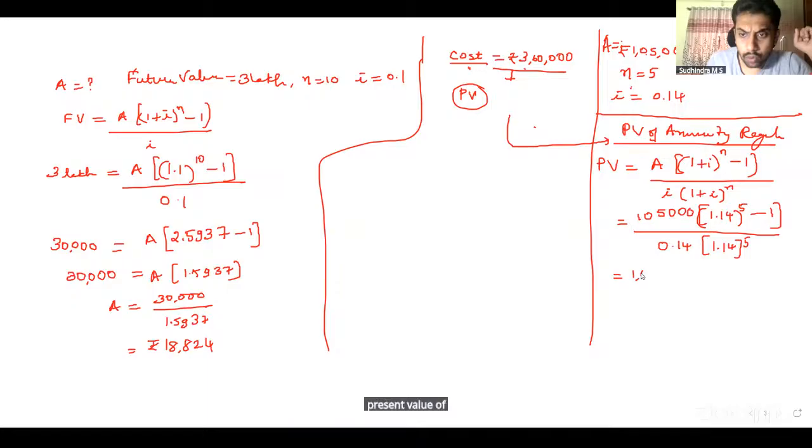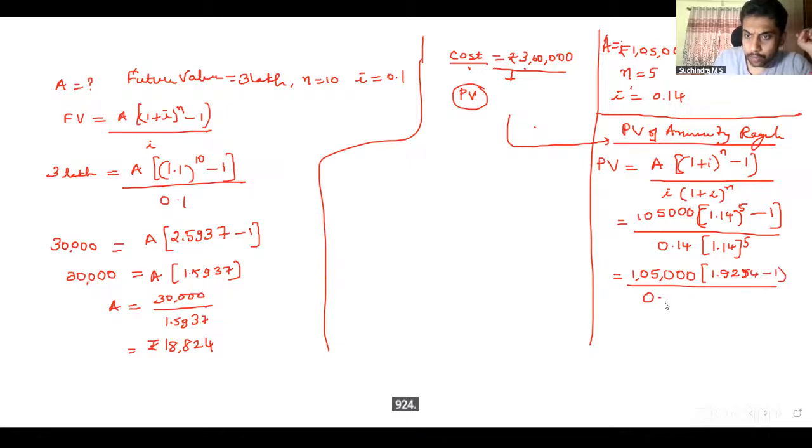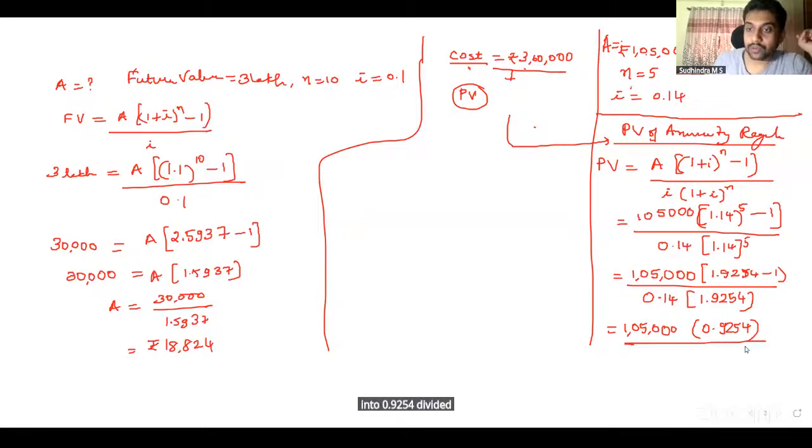That is 1,05,000 into, what is 1.14 to the power 5? 1.9254. So 1.9254 minus 1, divided by 0.14 into 1.9254. That is 1,05,000 into 0.9254 divided by 0.14 into 1.9254.